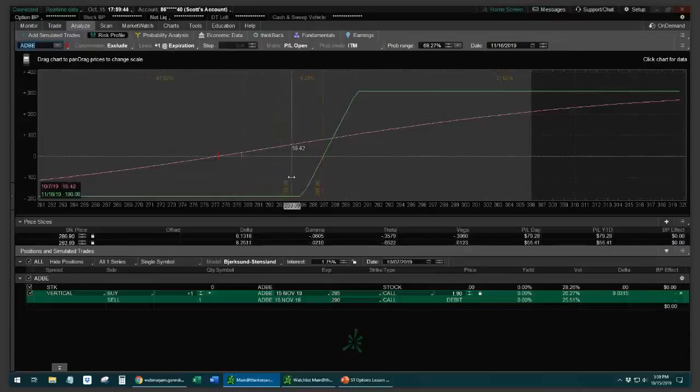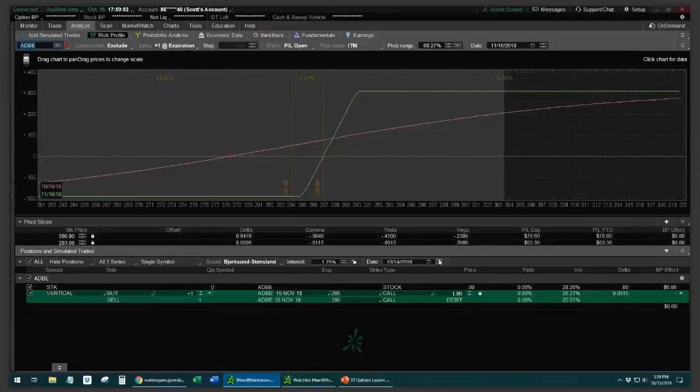I'm going to assume it moves there, and we've now gone a week ahead. Today is the 15th. This purple line moved down. So we've lost some theta, or we've lost some extrinsic value. But we're further on this delta curve, and we're higher on delta.